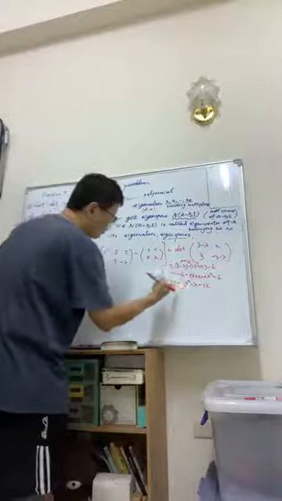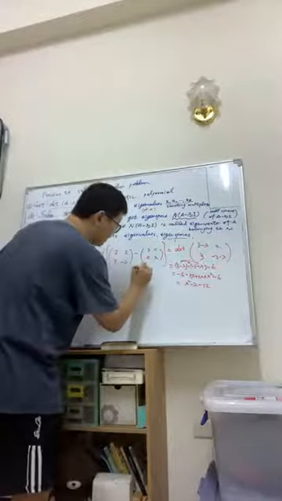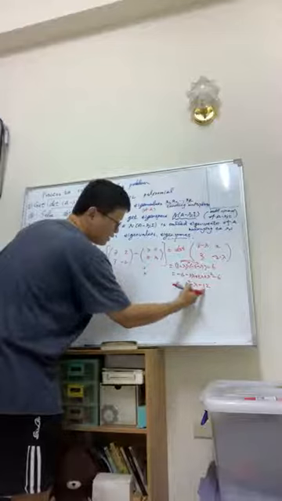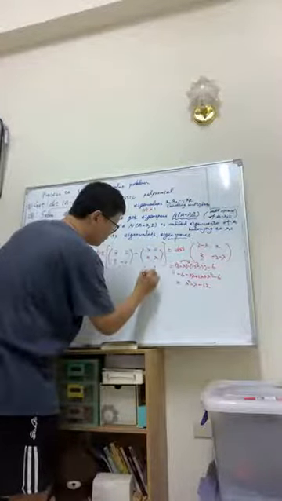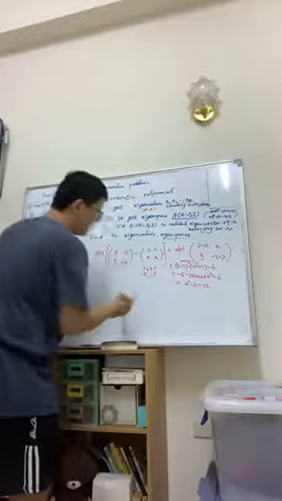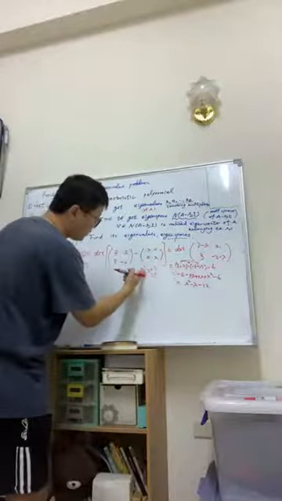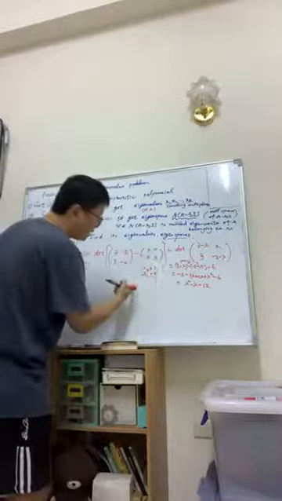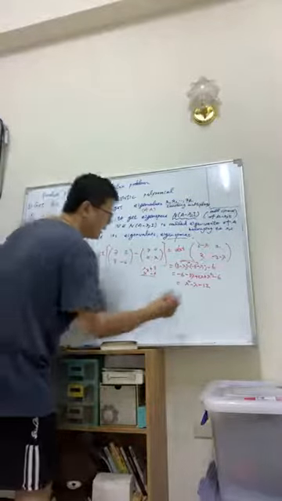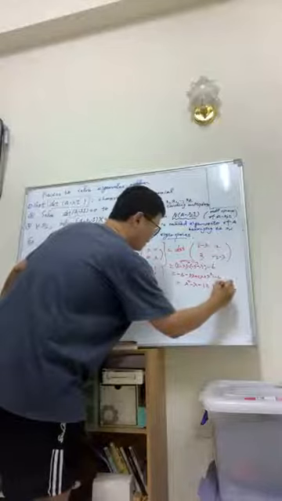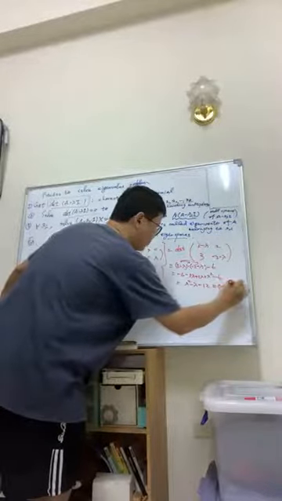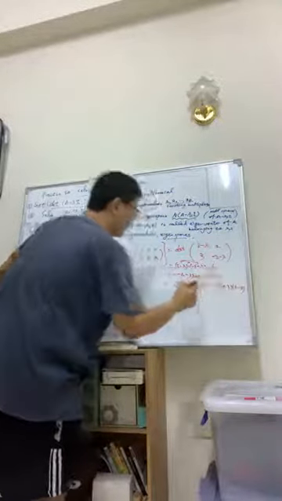Of course you should use the cross method to factor it: it's lambda plus 2 times lambda subtract 3.